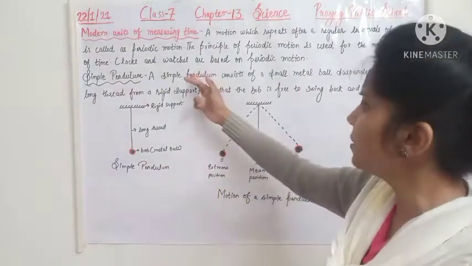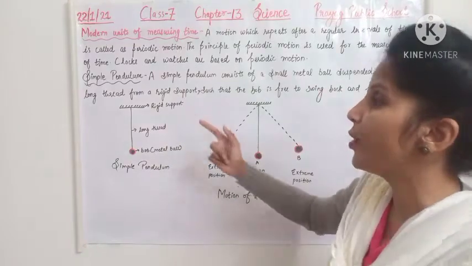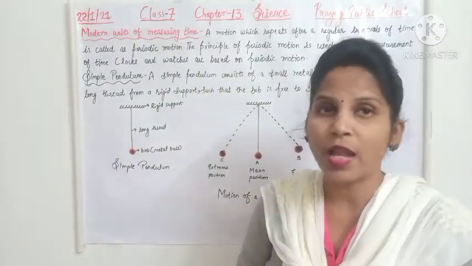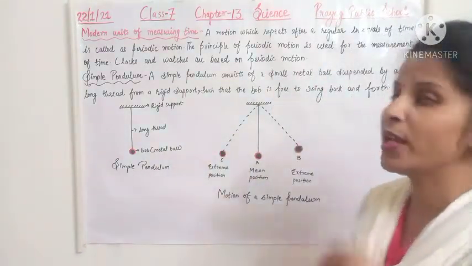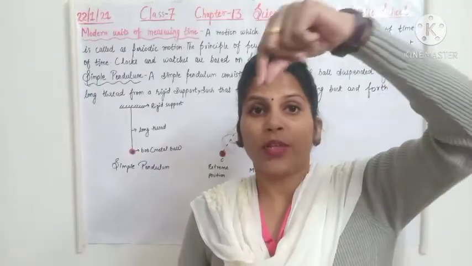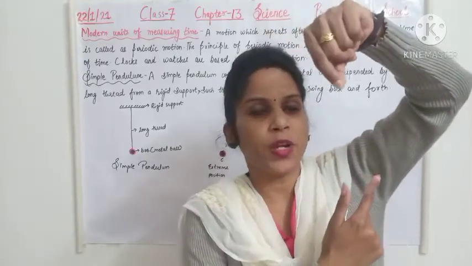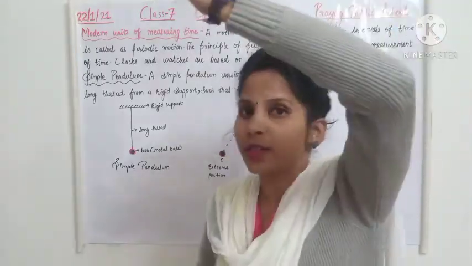A simple pendulum consists of a small metal bob suspended by a long thread from a rigid support such that the bob is free to swing back and forth. For example, if I connect a ball with a thread and release it on one side, it will move in this direction.